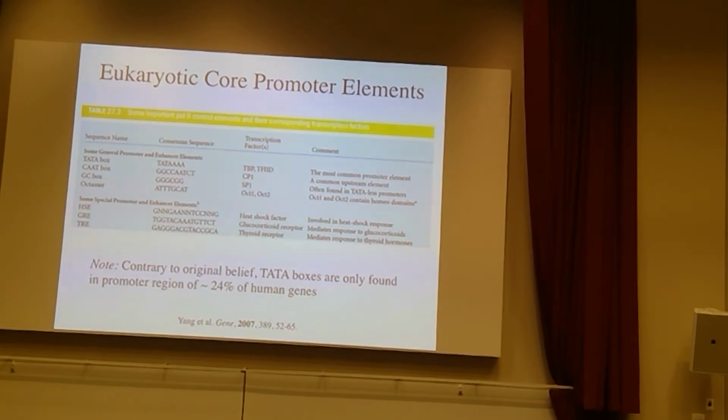But you'll see that there are other types of sequences upstream of the start site that can engage other transcription factors and are also used to direct the initiation of the polymerase for other types of gene products. We now think that the TATA box is responsible for providing a promoter for about a quarter of genes in humans.